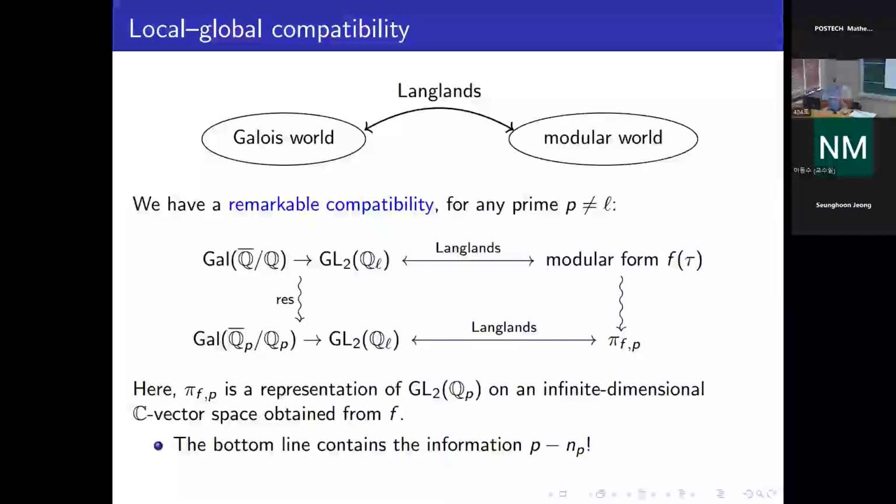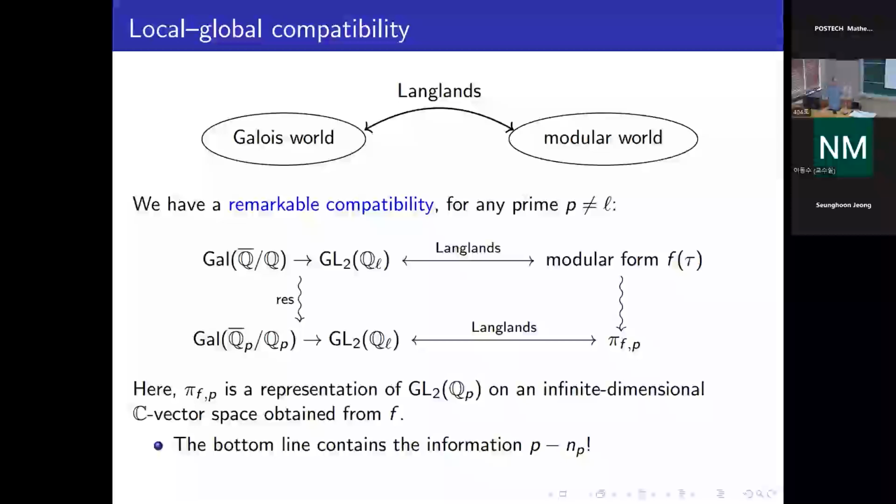It's a representation of the p-adic group GL2(Qp), so the 2x2 invertible matrices over the p-adic numbers, on some typically infinite-dimensional vector space that I can obtain from the modular form. So trust me that this is something simpler than the modular form we started with. Because really the modular form is not the ultimate object here.